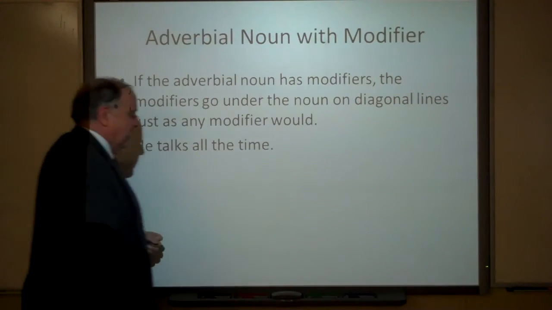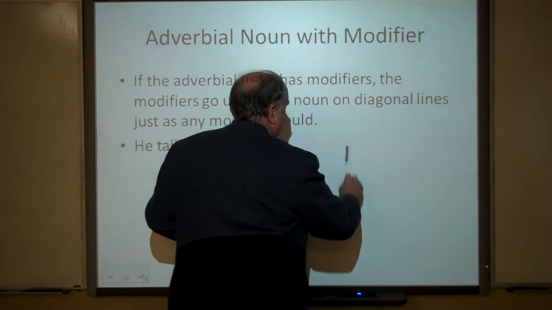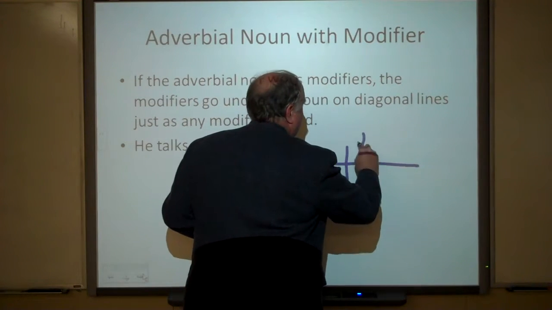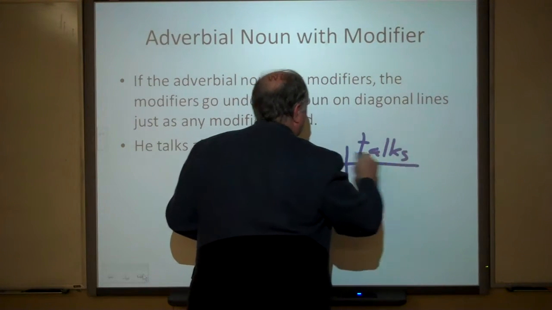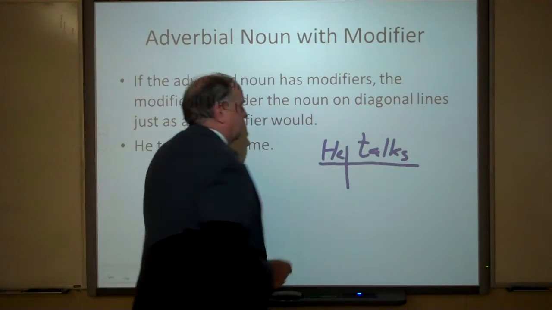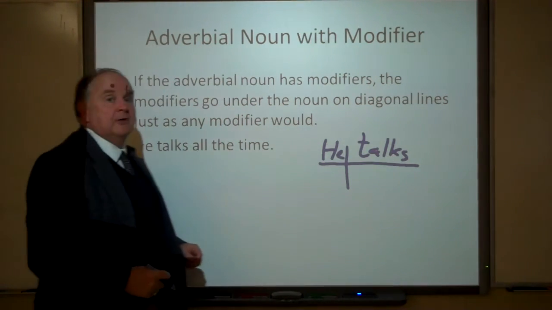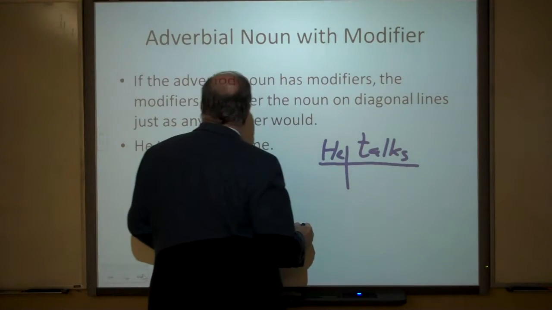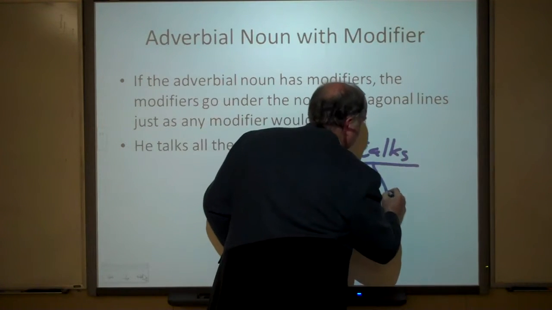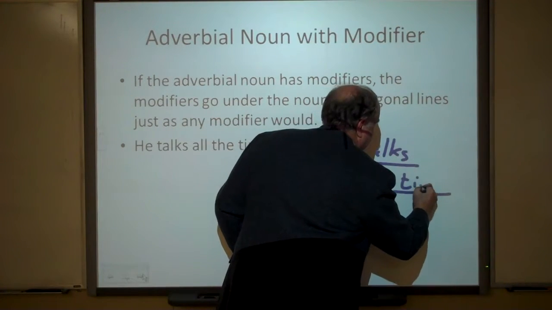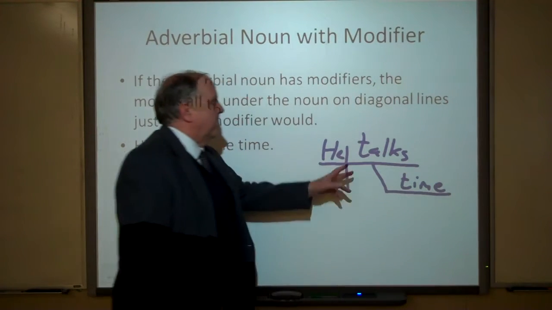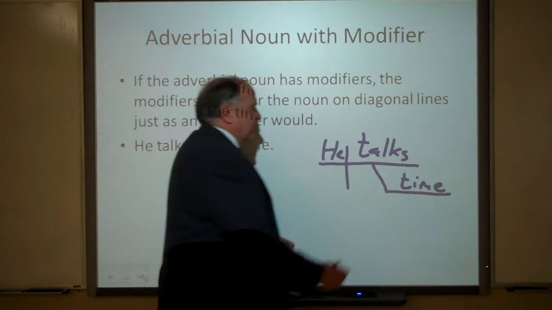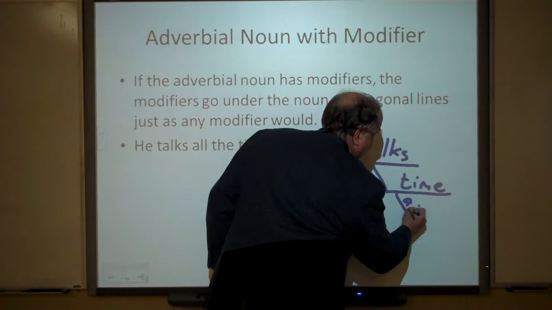So it's an adverbial noun. Talks is the verb. He is the subject; H is capitalized because it's the first word of the sentence. Time is the adverbial noun modifying talks, and then all modifies time.